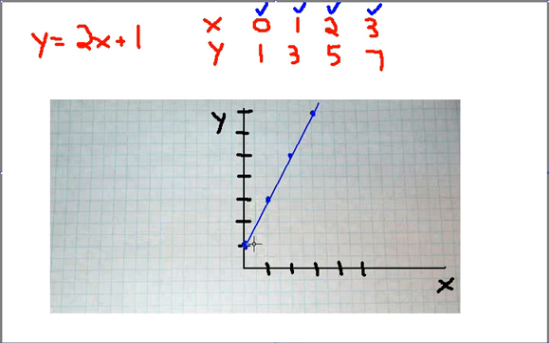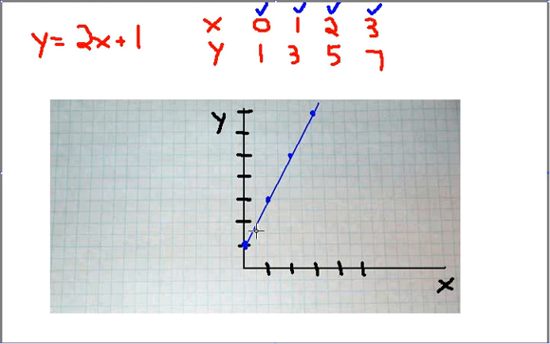Well, if you remember, a portion of the definition for a direct variation is not only is the graph of it a straight line, but in a direct variation, the line also has to intersect your origin, which is at 0, 0, 0x, 0y. In this particular function here, does it intersect at 0, 0 at the origin? No, it doesn't. That is why this is not a direct variation. It is, however, still a linear function.